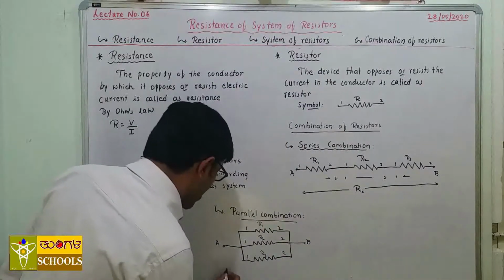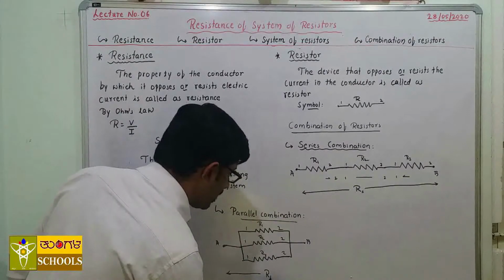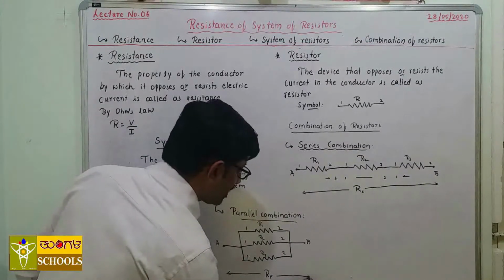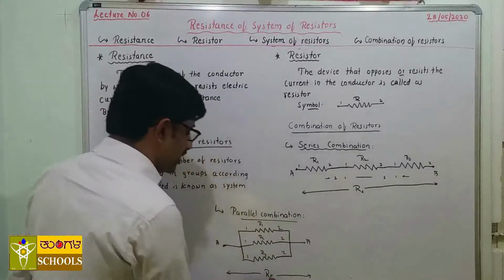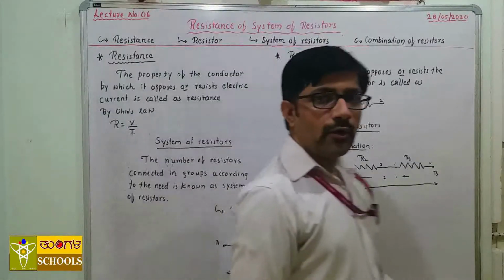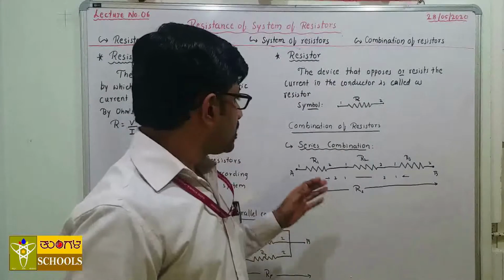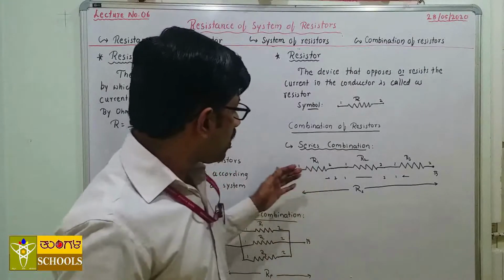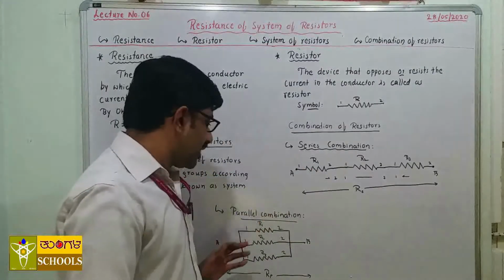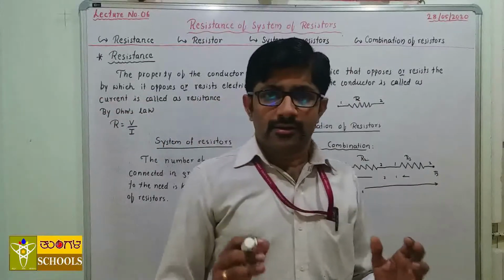So across A and B you have the effective resistance RP. I am taking it as parallel resistance, that's why the naming RP. I hope you understood the connections of series and parallel combinations in a simple manner.